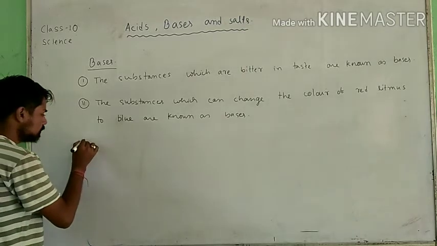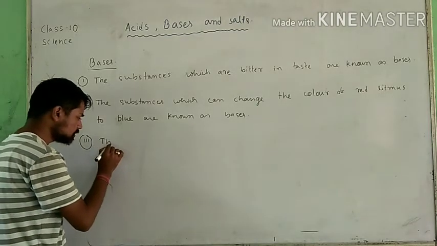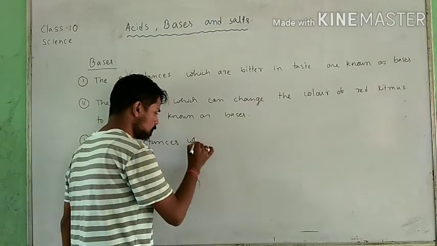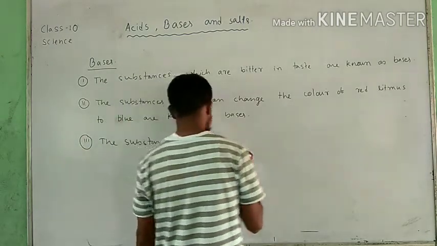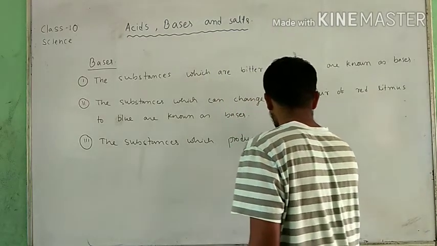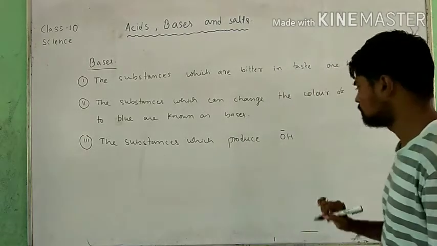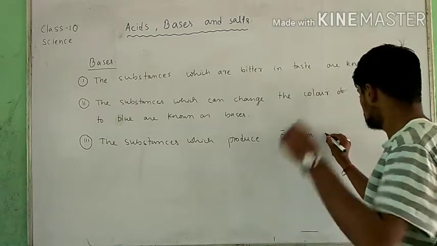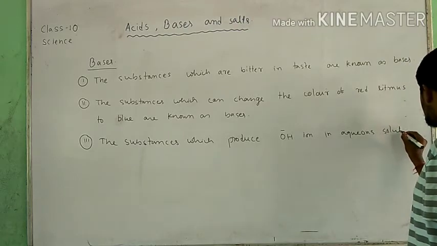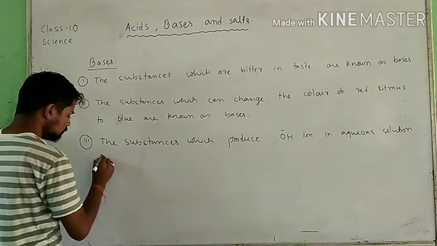And the third definition is the substances which produce OH negative ions in aqueous solution, or in water.